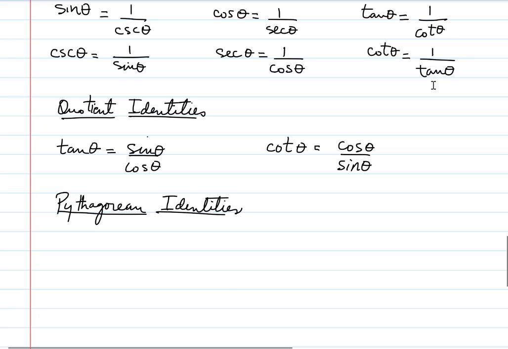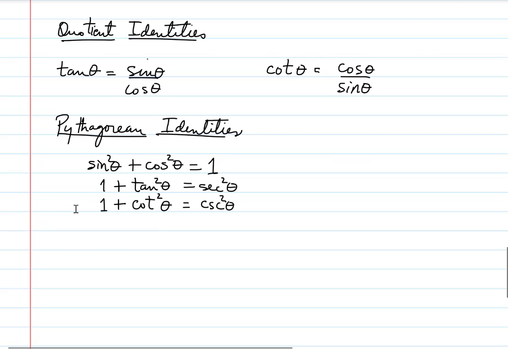So, I'm just going to put the three variations of the Pythagorean identities that we have here. So all right, here they are, guys. All these three are called Pythagorean identities because, again, they are derived from the Pythagorean theorem and the basic definitions of the trig functions.